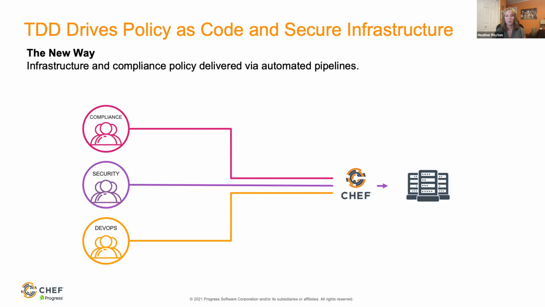So, last couple of slides before I turn things over to John. We see test-driven development as the way forward with implementing policy as code and secure infrastructure at scale. In today's world, security is the responsibility of everyone. And how we bridge that gap between compliance, security, and DevOps is through compliance and policy as code.